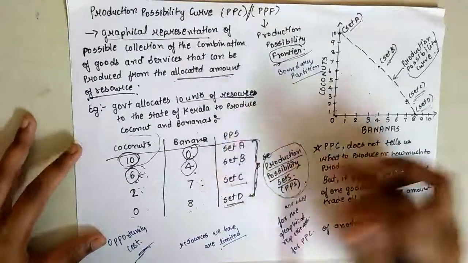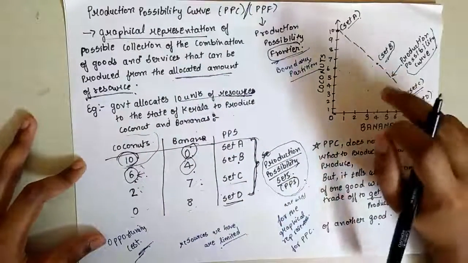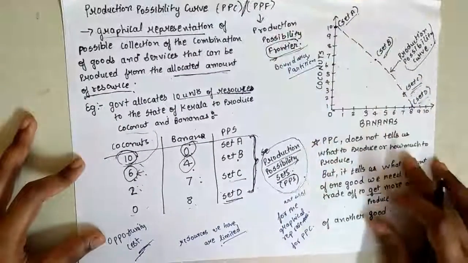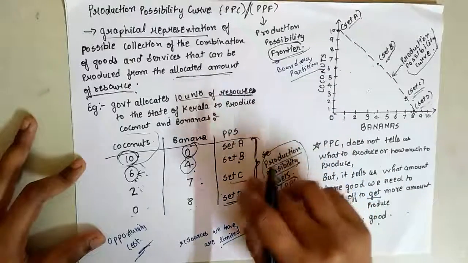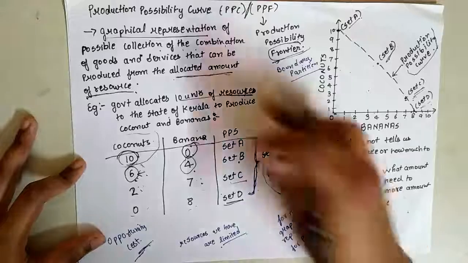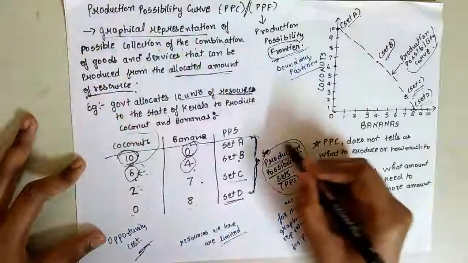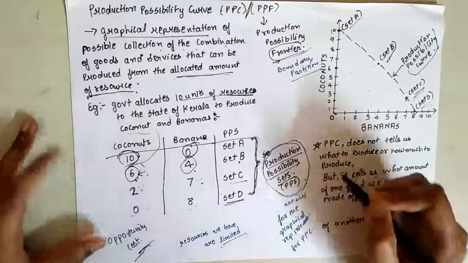These are the production possibility sets which are used to make a particular production possibility curve. The possible collection of combinations of goods and services is what production possibility sets are all about.